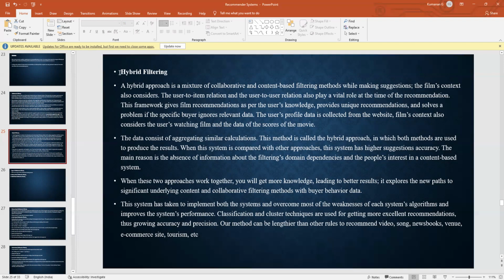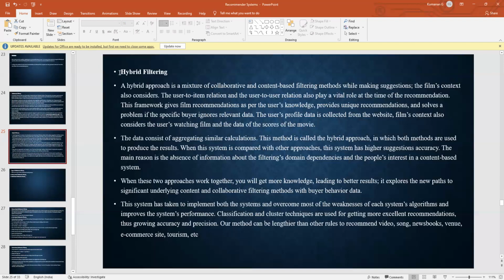When the system is compared with other approaches, it has higher suggestion accuracy. This is the main reason, given the absence of information about the filtering domain dependency and people's interest in content-based systems. When these two approaches work together, you will get more knowledge, leading to better results. It explores new paths to significant underlying content and collaborative filtering methods with the buyer behavior data.